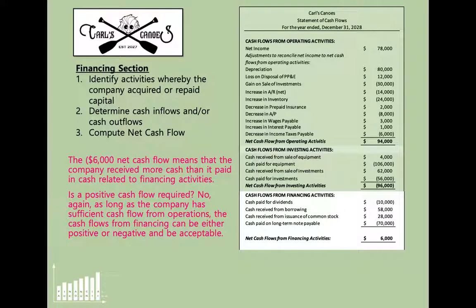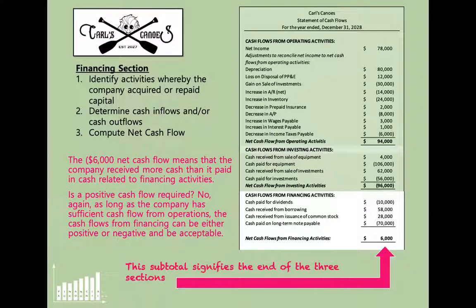The $6,000 net cash flow means that the company received more cash than it paid in cash related to financing activities. Is a positive cash flow required here? No, not necessarily. As long as the company has sufficient cash flow from operations, the cash flows from financing can either be positive or negative and can be acceptable.